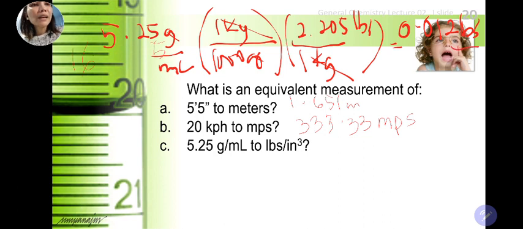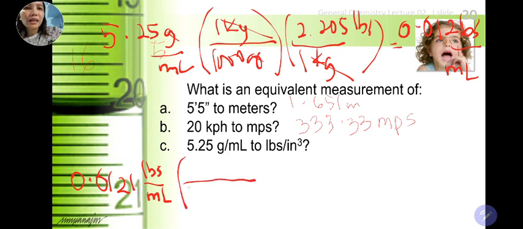Pero meron ka pang ml. So, you have to convert your ml to inch cube. So, 0.0121 pounds per ml.